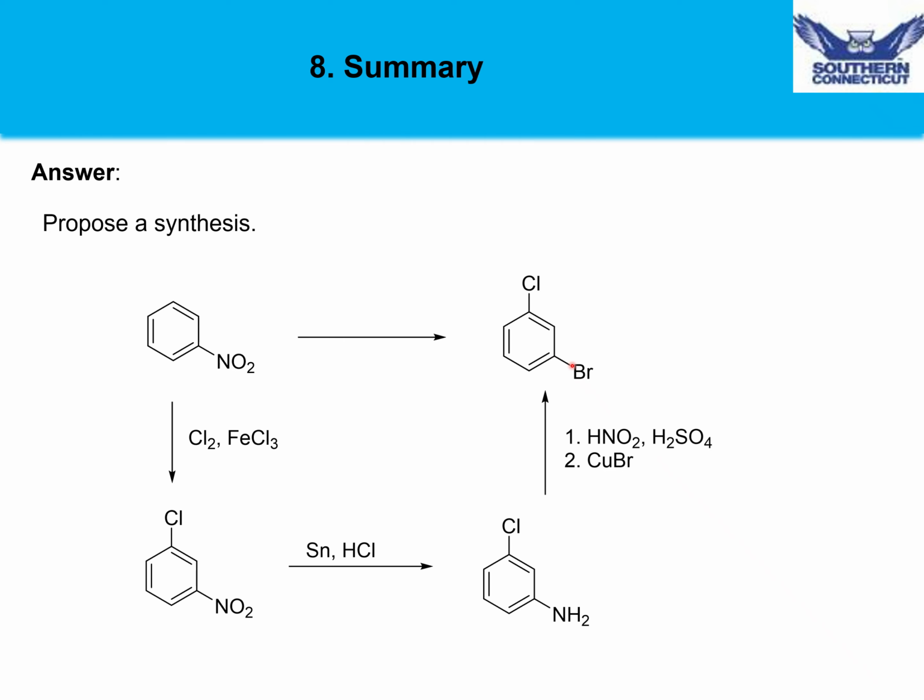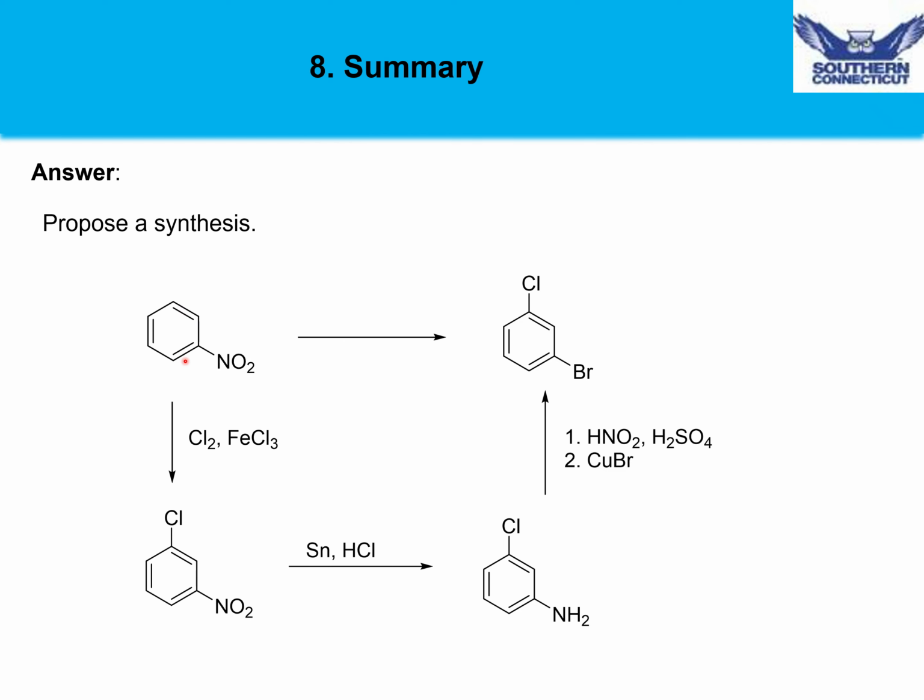Because normally the halogens are ortho-para-directing, so it would be very difficult to use bromine, for example, to add a meta chlorine. However, based on the Sandmeyer reaction we learned in this chapter, we can use an amino group to essentially add other substituents, and the precursor to the amino group, which is the nitro group, as we know, is a meta director. So using that information, we can put the synthesis together.